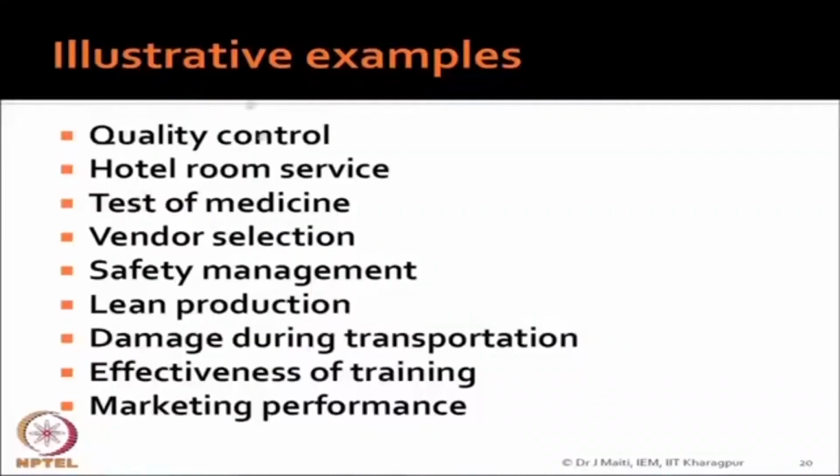Second example is a service example, hotel room service. Suppose you see that big hotels are there, basically I am talking about big hotels. These hotels are providing service to many customers. So, they also require some sort of service quality management, otherwise it is impossible, because they will not yield the profit they are interested in.